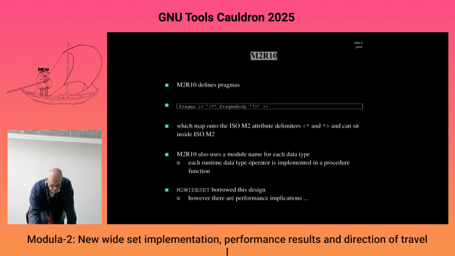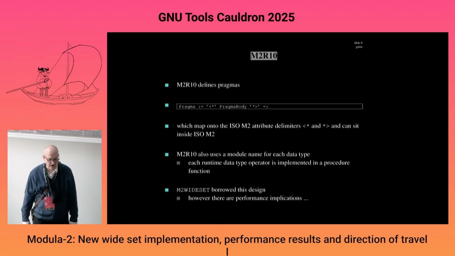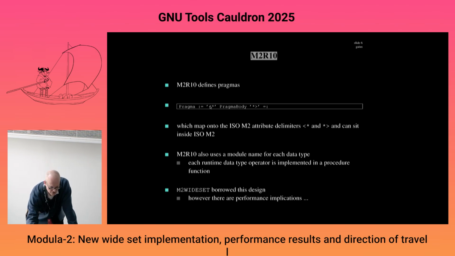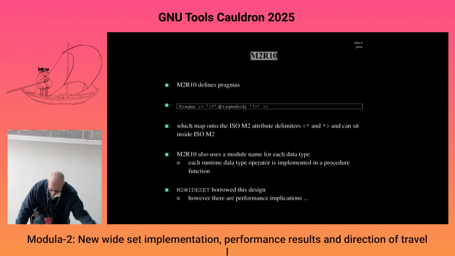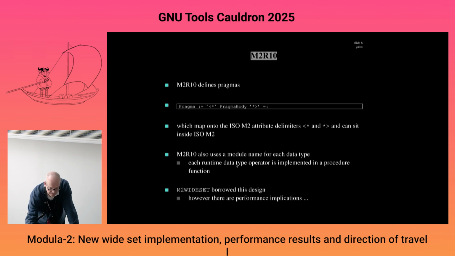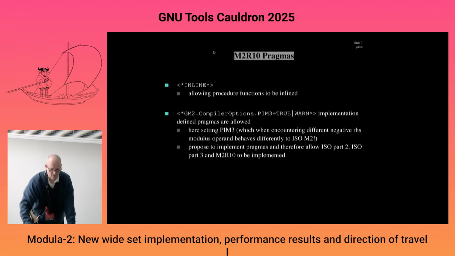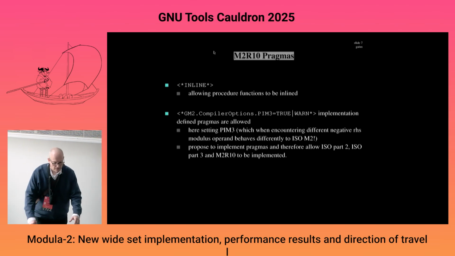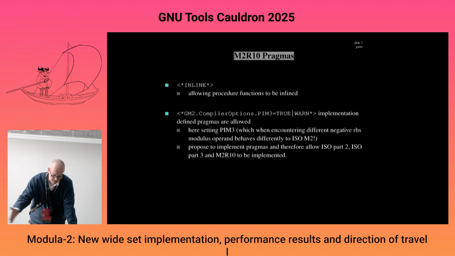So what does it look like? You can do a pragma here in ISO Modula 2, which is part of the standard. This pragma body is undefined in the ISO standard, but it is defined in R10. So we can just take the R10 idea and put it in there, with very few tweaks, and we get inlining working for free without having to change much, and without having to make decisions outside of the Modula 2 community.